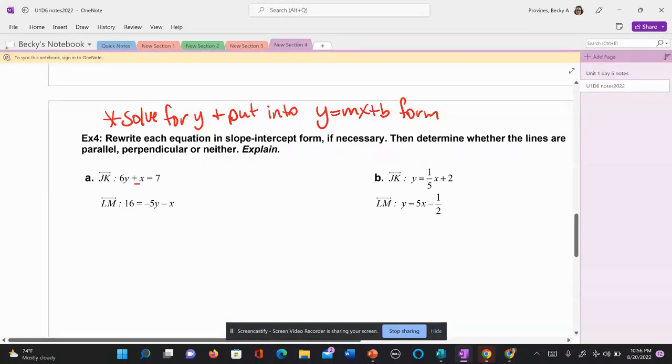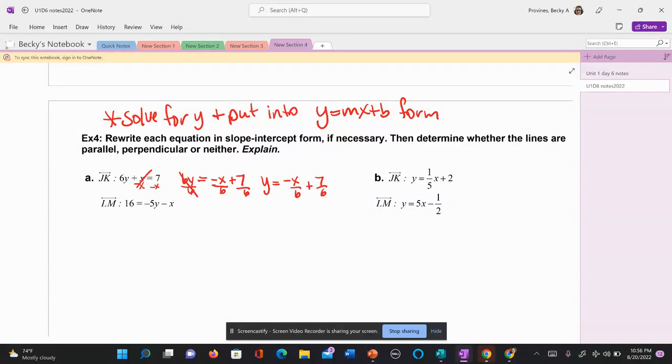Okay, so if I'm solving for y, I have to first move x. So I get 6y, that cancels, equals negative x plus 7. And then I divide everything by 6. So I get y equals negative x over 6 plus 7/6.